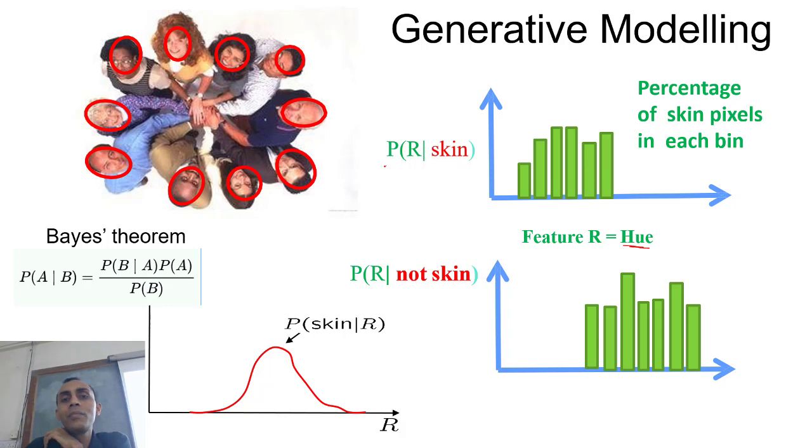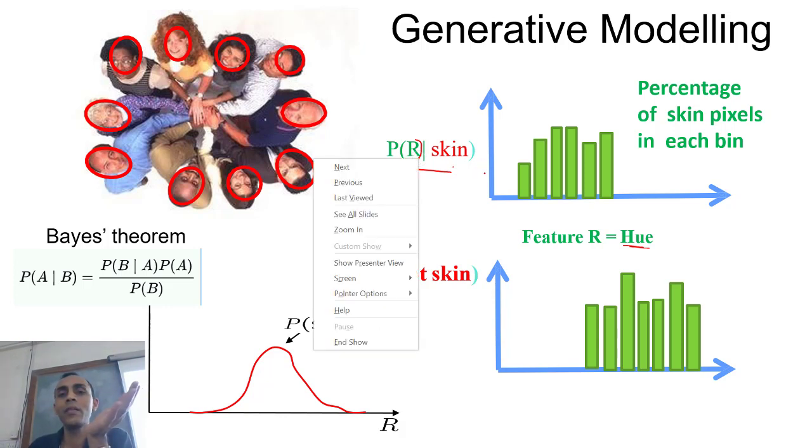So this will give a probability of a particular hue value, provided it is coming from a skin region. So the probability of a skin pixel to have a particular hue value can be easily modeled in that way.